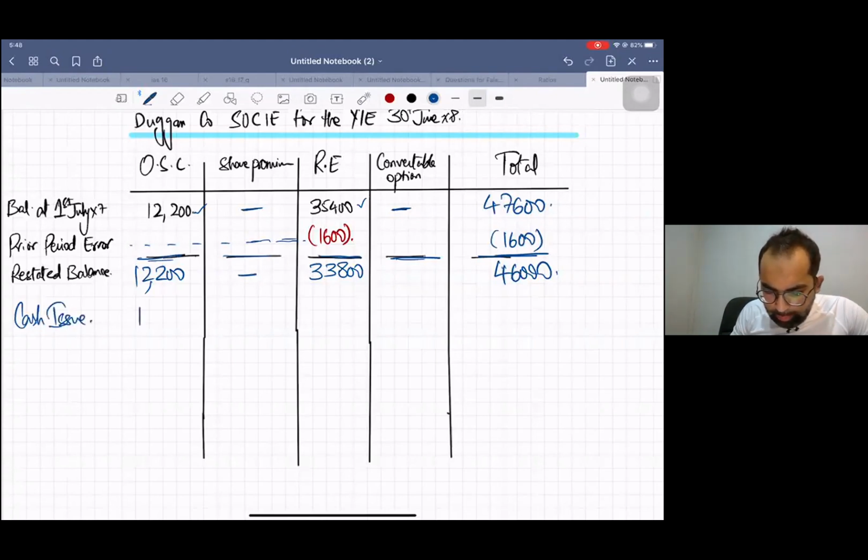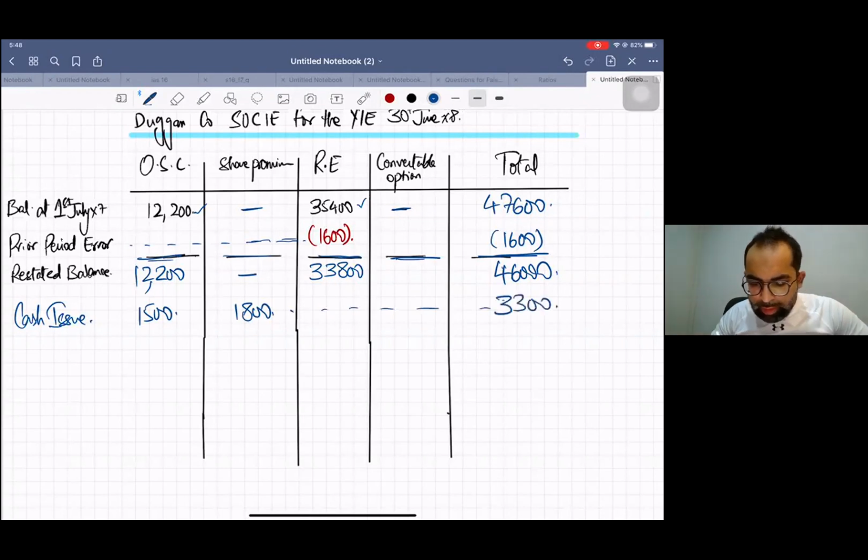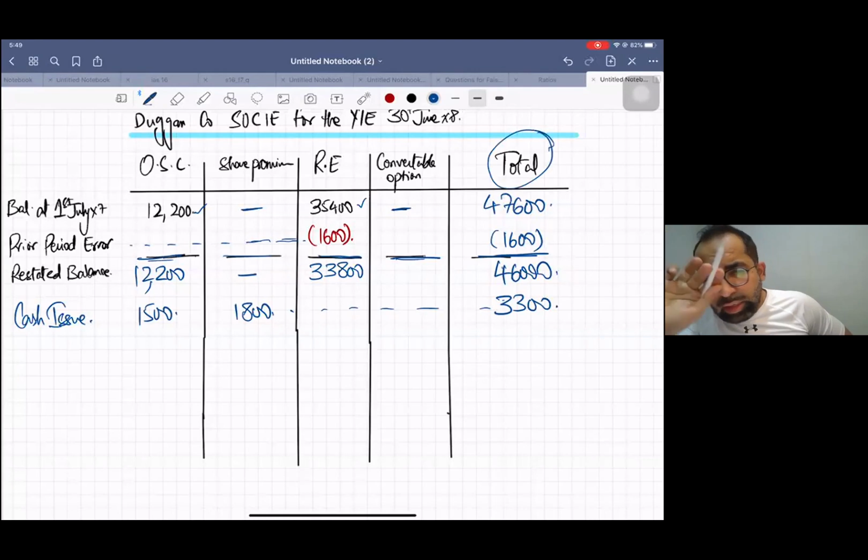I think 1500 was the share capital and 1800 for the share premium. So the total impact is 3300. You increase the share capital by 1500, you increase the share premium by 1800, so the total is 3300. Again I'm telling you, there is no need for this total column. This is extra. There is no need in the exam to make it.